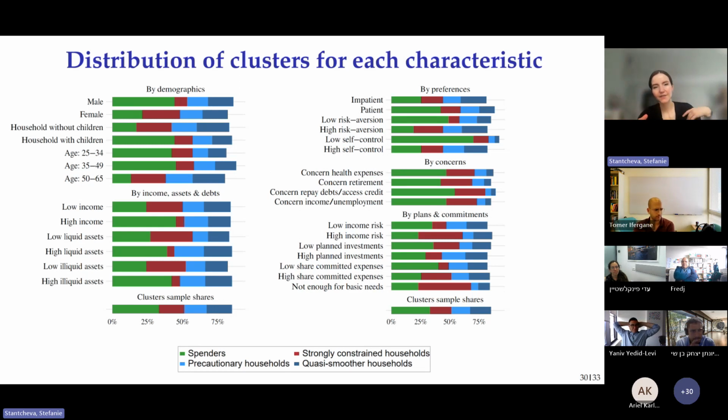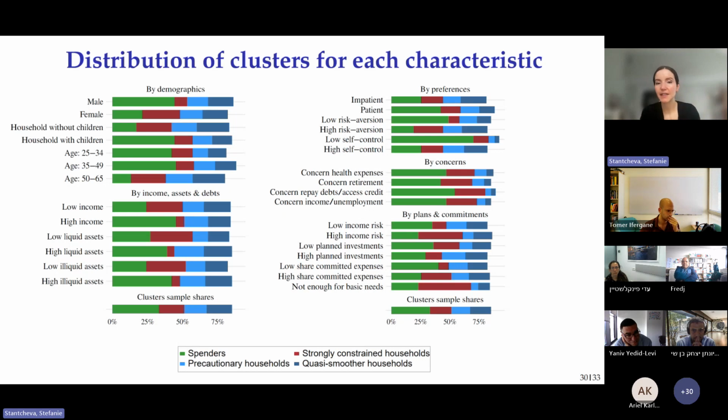The other, which is in the paper too, is within each cluster, how many are female, etc. Here you can compare relative to the overall sample share at the bottom. So you see spenders are somewhat more represented among men. Among men, there are disproportionately more spenders than in the overall population and proportionally fewer among female respondents. Female respondents tend to have an overrepresentation of strongly constrained households relative to the overall population.